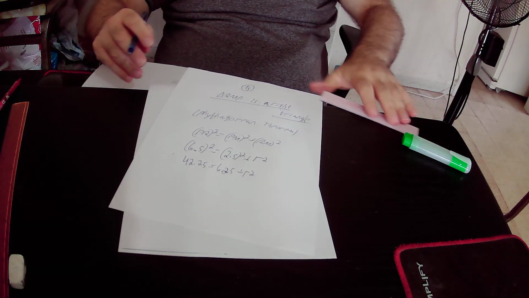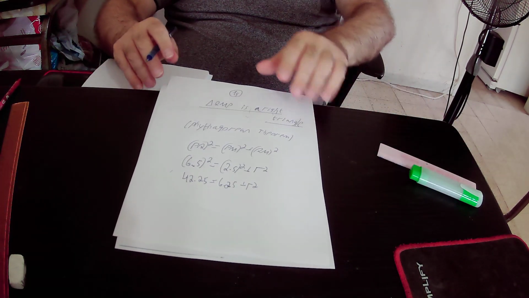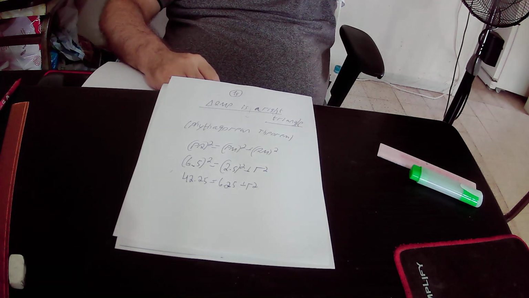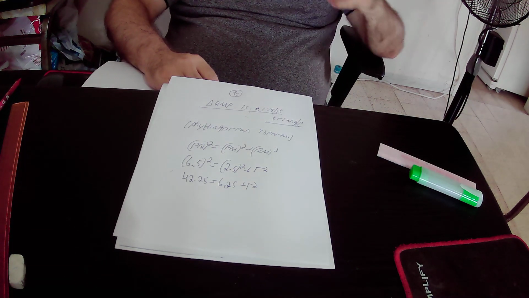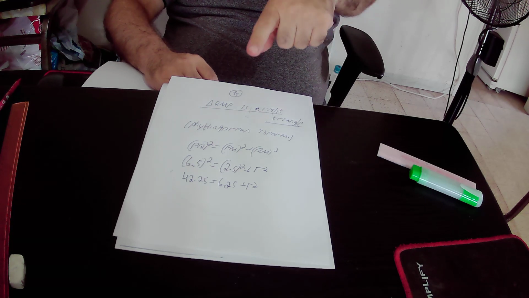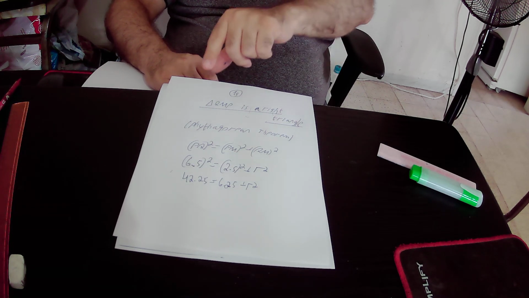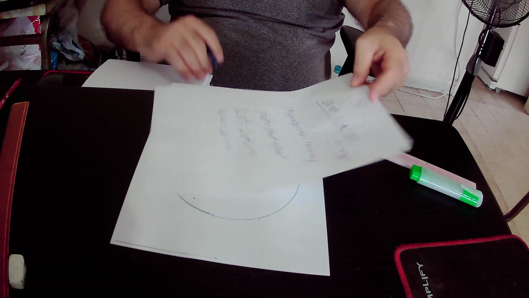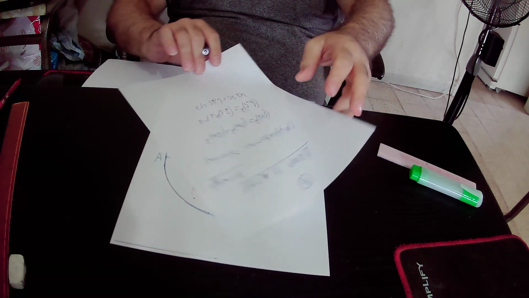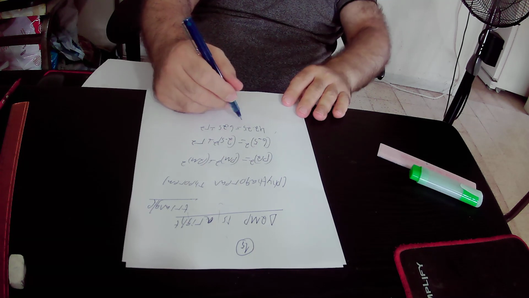So we got that 42.25 equals 6.25 plus r square. Here we'll subtract 6.25 from this equality and we will get that 42.25 minus 6.25 is 36.